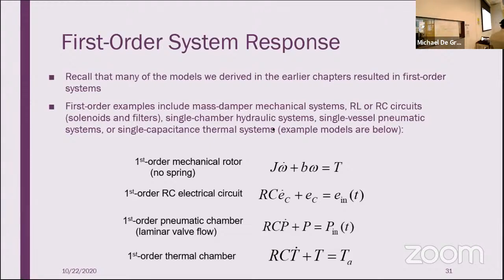First order mechanical rotational system with no spring. First order RC electrical circuit. A first order pneumatic chamber with a laminar valve flow. A first order thermal chamber. These are all examples of common first order systems.